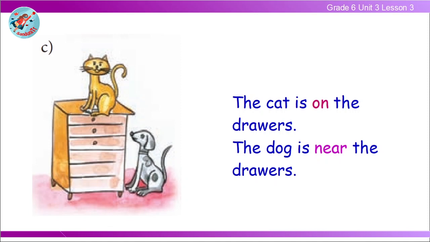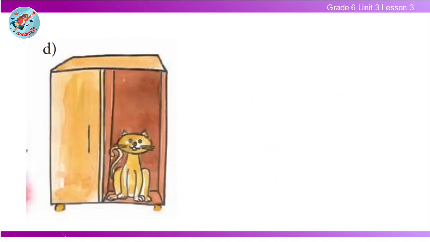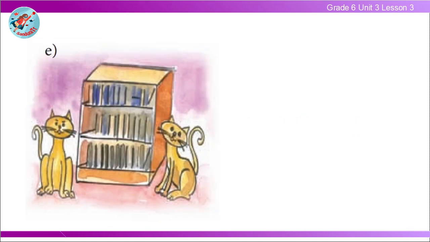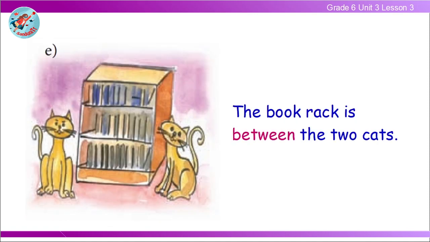Okay, now look at the next picture, picture D. The correct sentence is, the cat is in the cupboard. Picture E. The book rack is between the two cats.